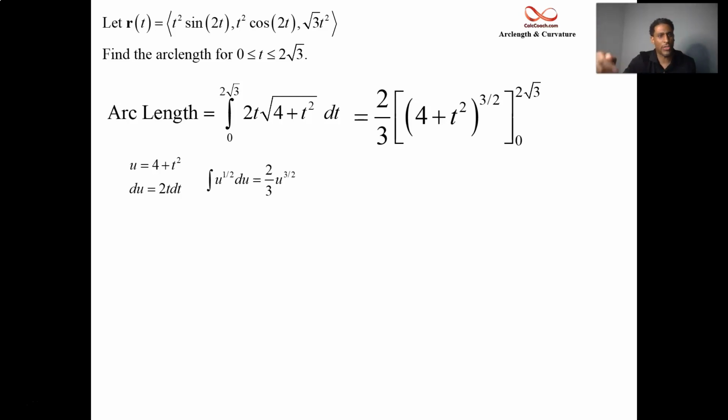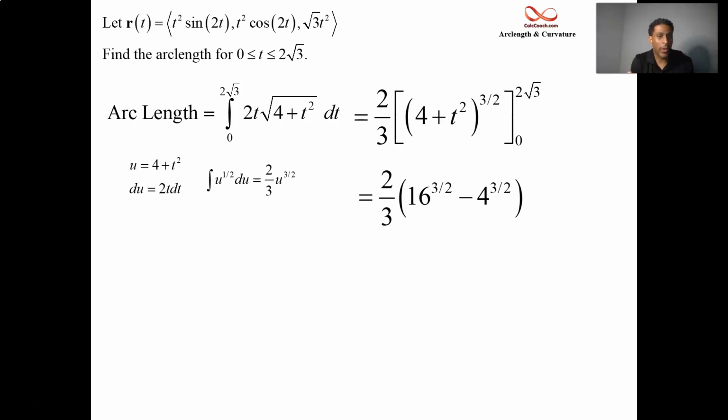So we can go back with the original t values, 2 rad 3 and 0. You put the 2 rad 3 in, you square it, that's your 12 again, plus the 4 is 16. So when you put a 2 rad 3 in, you get a 16 raised to the 3 halves, and then you put a 0 in, you get a 4 raised to the 3 halves.